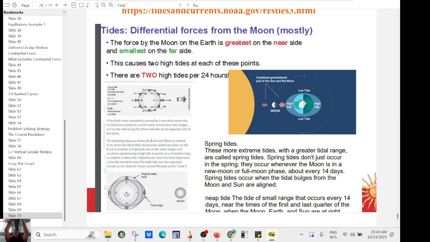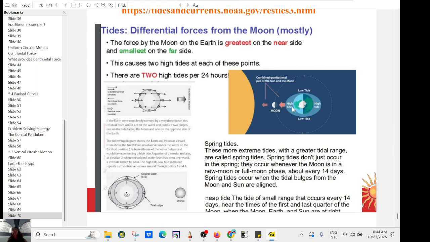So the Earth, from its perspective, is going to feel a centrifugal force, like something pushing in this direction. So here, you have the centripetal force winning. You also have gravity, but the centripetal force will be larger. On this side, that will be gravity winning.